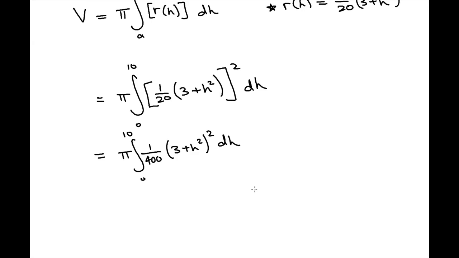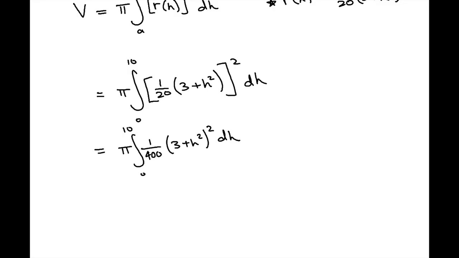Cool. So unfortunately, we do have to FOIL this out. It will look a little bit ugly with h to the fourth term and things like that, but it's the easiest, most straightforward way to integrate this. In addition, I'm going to take this 1 over 400 and bring it up front so that it doesn't cause us any problems in the future. Okay, so we'll have pi over 400 times the integral, and we just need to FOIL this out.